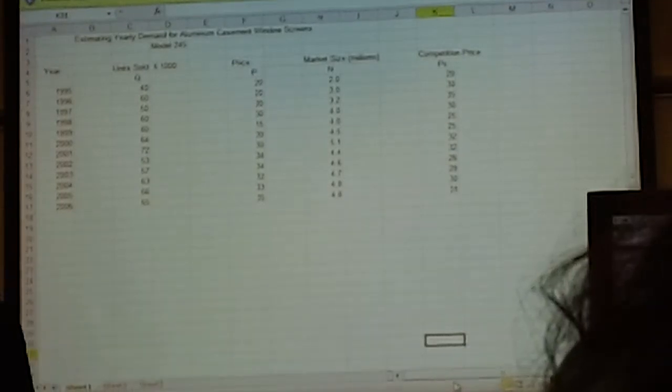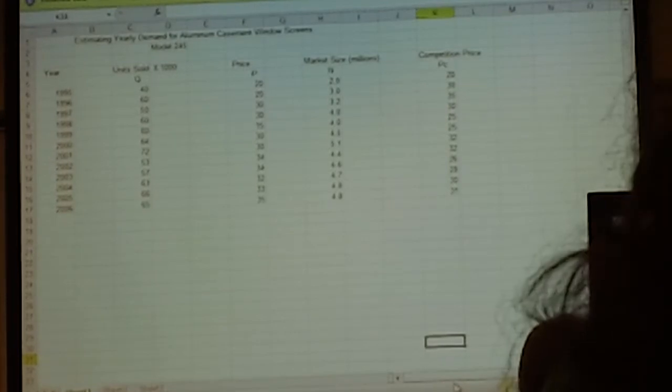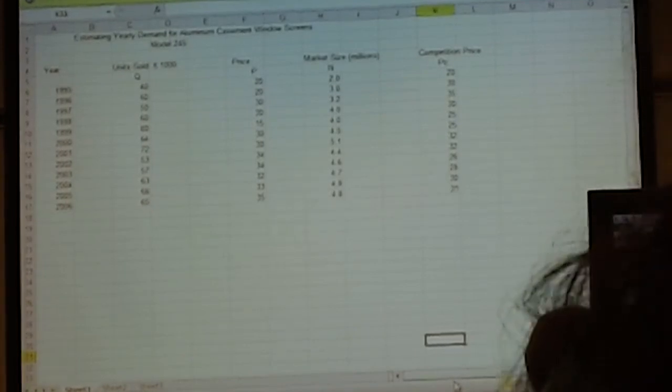This is very typical of how you begin economic research. You go out and you get data and you estimate a regression coefficient. So our model is going to look like this.